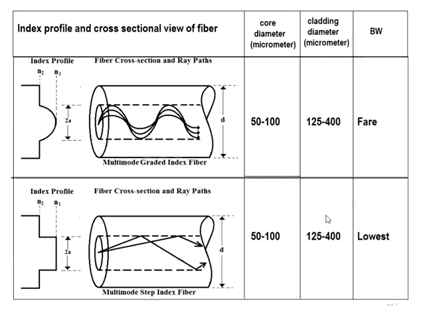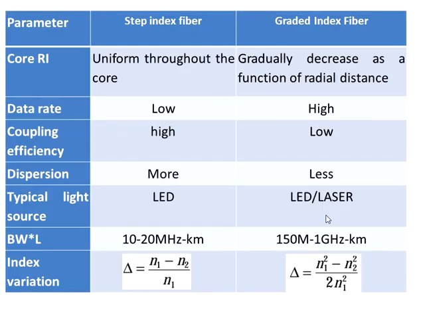So if we compare step index and graded index fiber, for step index, the refractive index is constant throughout the core, but in graded index, the refractive index is gradually decreased as a function of radial distance, and inside the cladding it will be again constant.